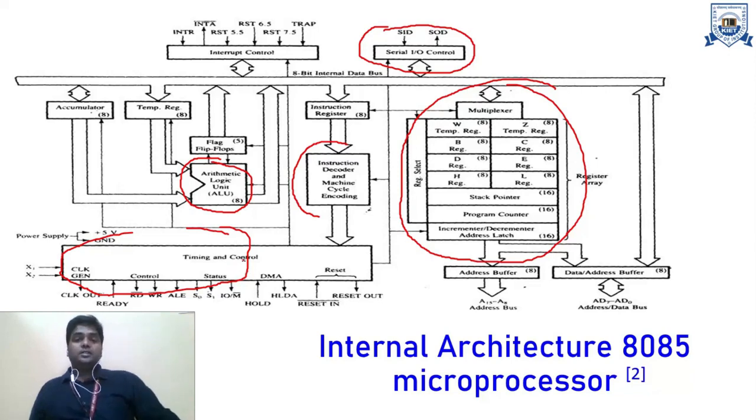Now we will discuss the working of the 8085 microprocessor with the help of an example. Suppose we want to add two numbers in a high level language.